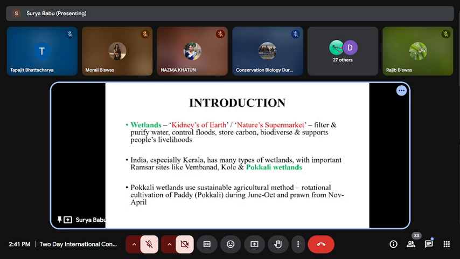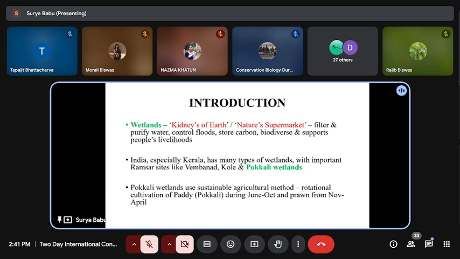It's perfect. So we know that wetlands are the kidneys of earth or nature's supermarket because of their wide ecological functions. And Kerala, especially our state in India, is rich with different types of inland as well as coastal wetlands, and also some protected areas such as Ramsar sites that include Ashtamudi, the Vembanad, as well as the Pokali wetlands.